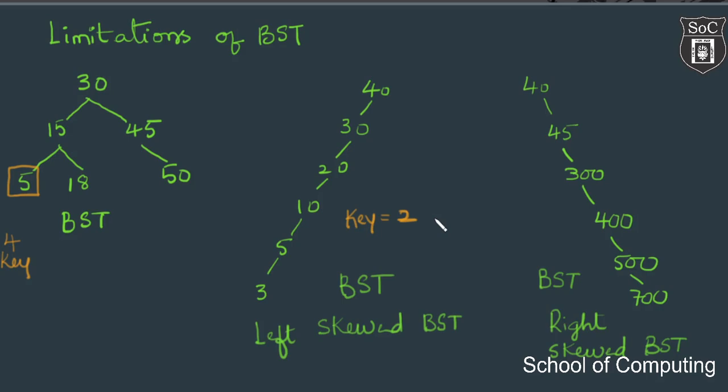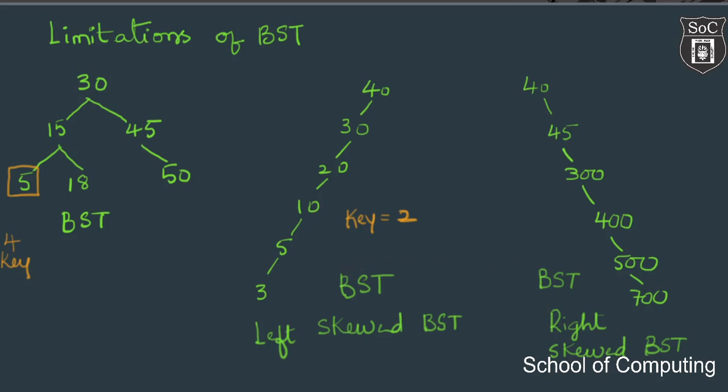You all know what a linear search algorithm is. So there is no efficiency at all if the tree is left skewed, and if I am searching for 2, this worked like a linear search. It consumed maximum search operations. So the performance of BST is the same as linear search when it is skewed.